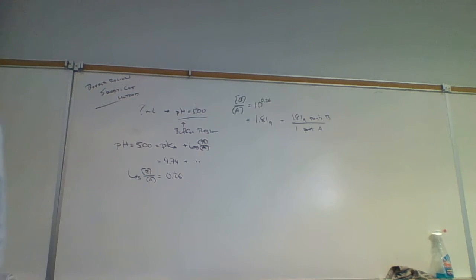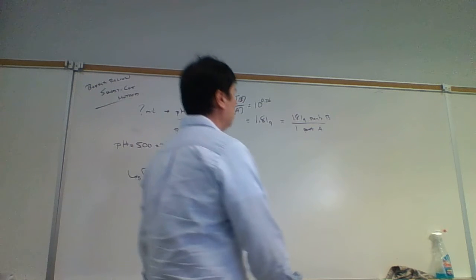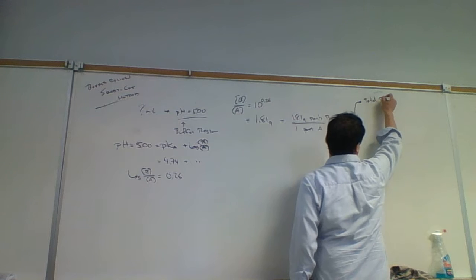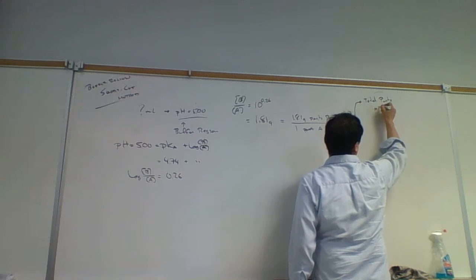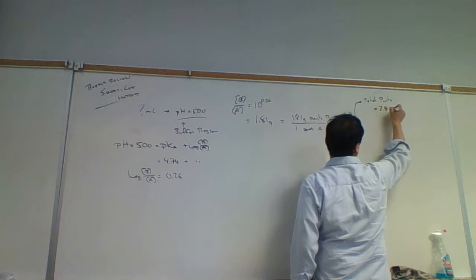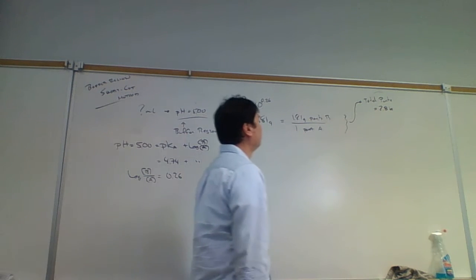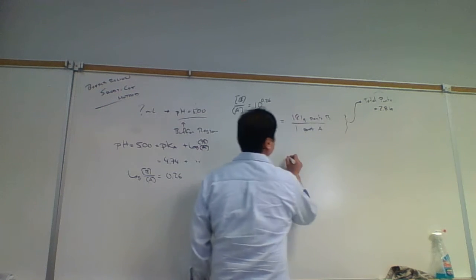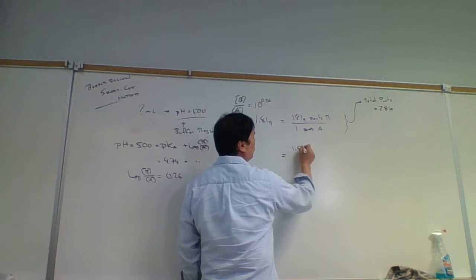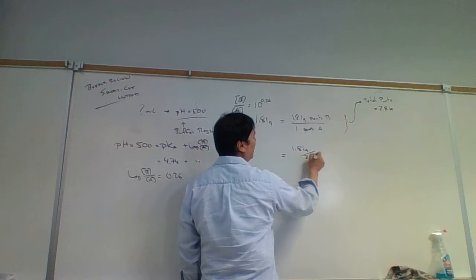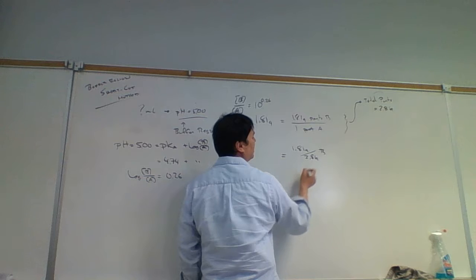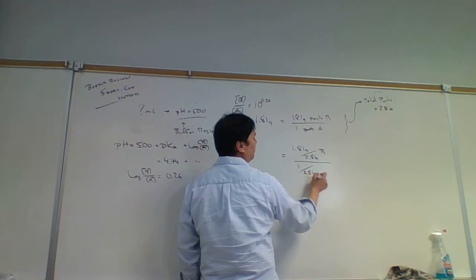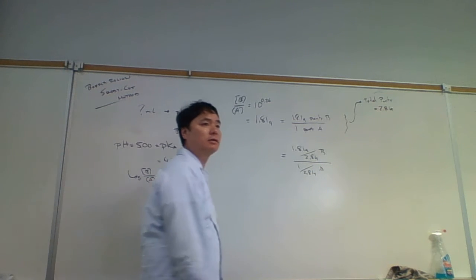Which means that the total number of parts must be equal to 2.819 parts. Okay? Which means that 1.819 out of 2.819 parts were converted into base, and we have 1 out of 2.819 parts remaining as unreacted acid.